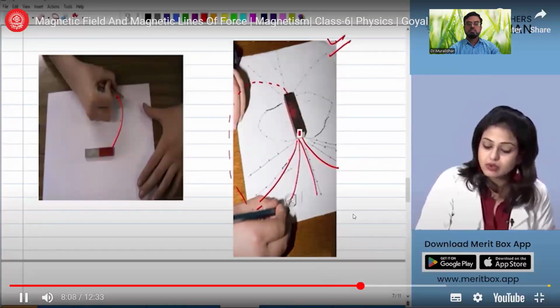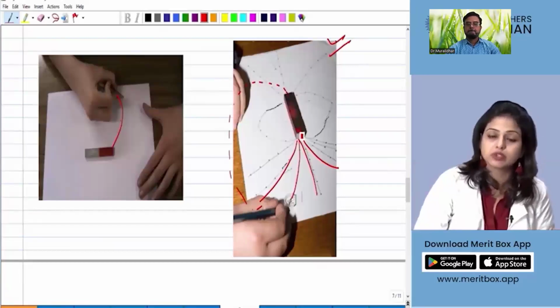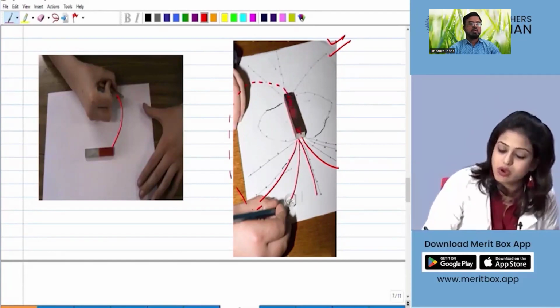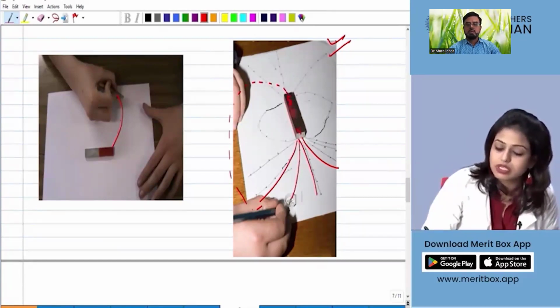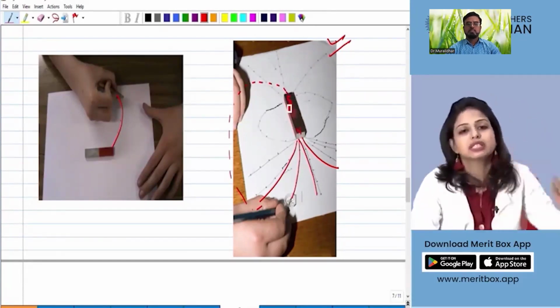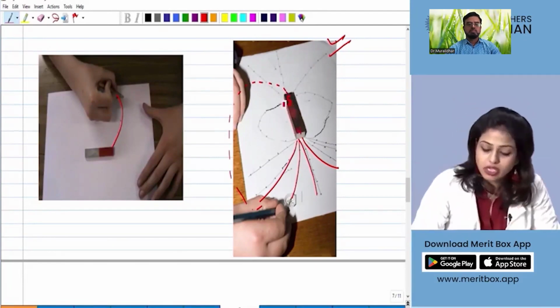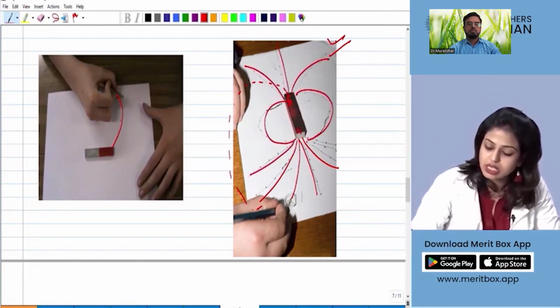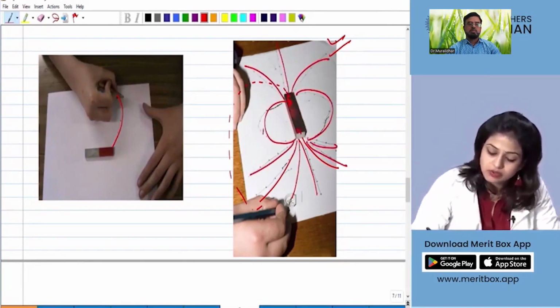In this case, you will observe that the pattern is coming from one side and moving to the other side: coming out of the north direction and going inside the south direction. On drawing the magnetic lines of forces, you will see the pattern observed in the following manner.